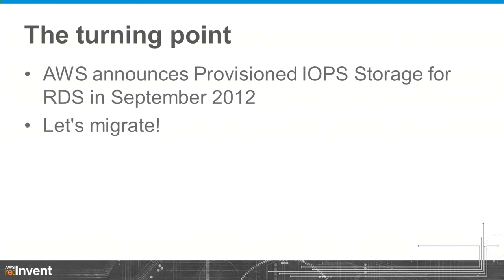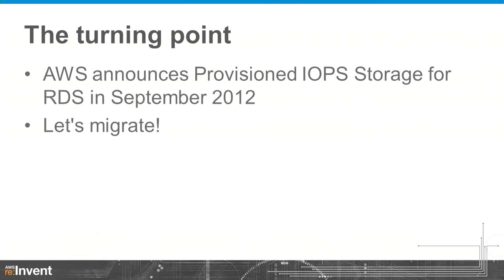Well, it was clear that we needed a more permanent solution. So we began running tests on AWS, comparing RDS versus running MySQL on EC2. We were worried that RDS would not be a good fit for our read and write intensive application.